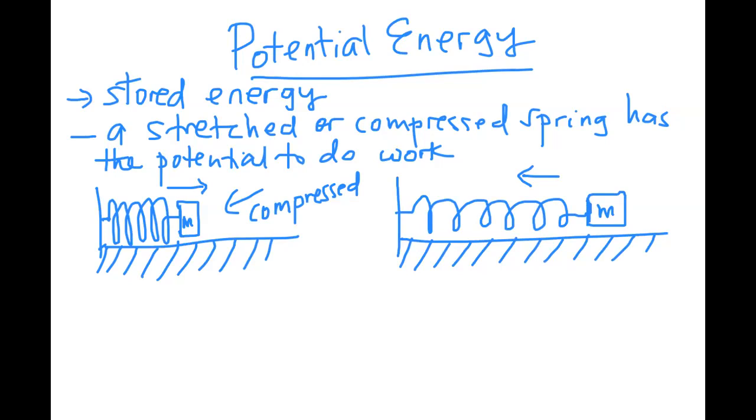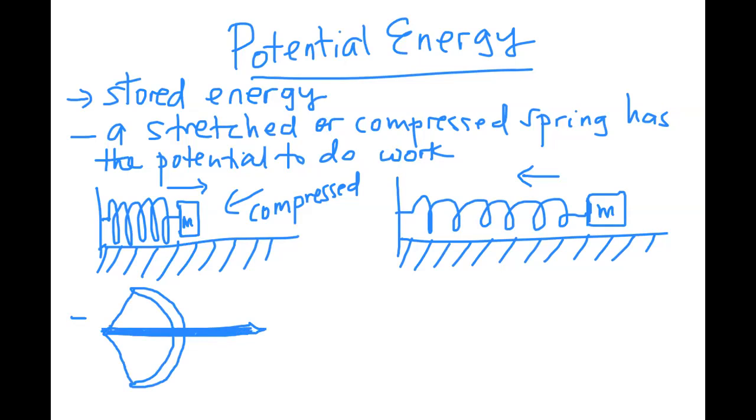We can also have an example of a drawn bow. This is a bow, and this is the string, and you have your arrow. When you draw a bow and arrow, you have potential energy in the bow-string system.